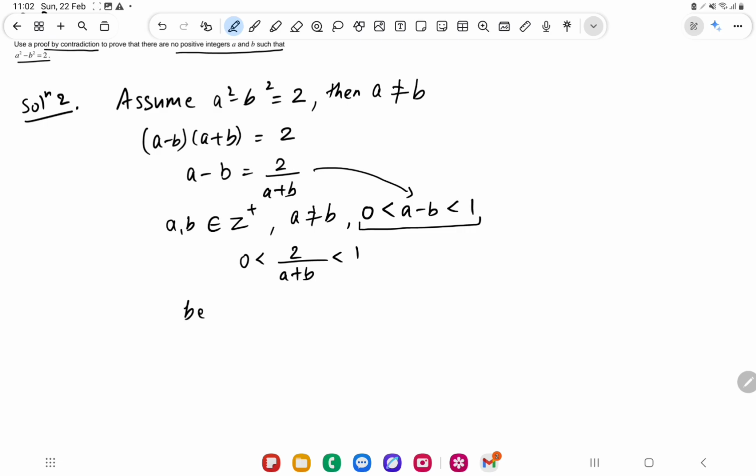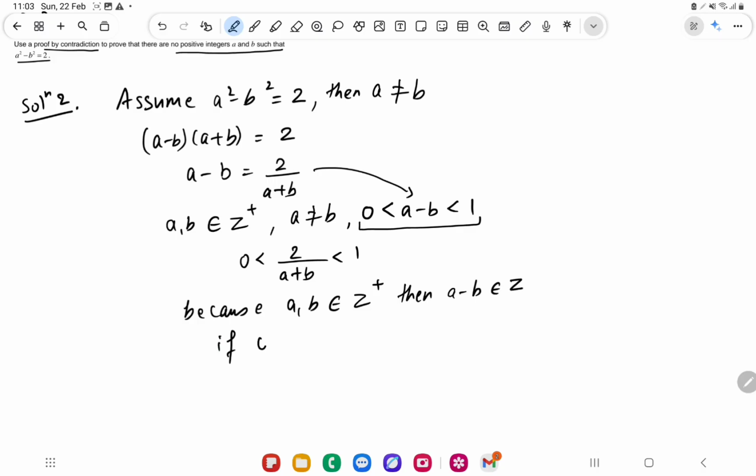Why? Because it is given to us that A and B are positive integers. Then I can write that A minus B will also be an integer.